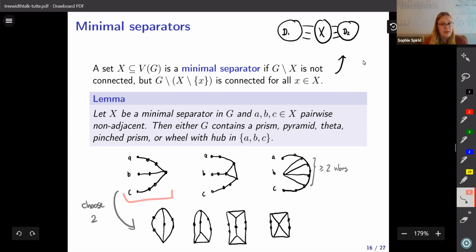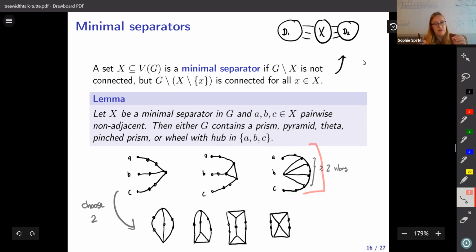If you get 2 of this, one on the left, one on the right, you're getting this picture. If you get this on one side and this on the other, you're getting this picture. And 2 of this will give you this one or that one. So what does this mean? Well, if we have a minimal cut set X, and it has 3 pairwise non-adjacent vertices, since we can't actually get these, what happens must be this outcome.